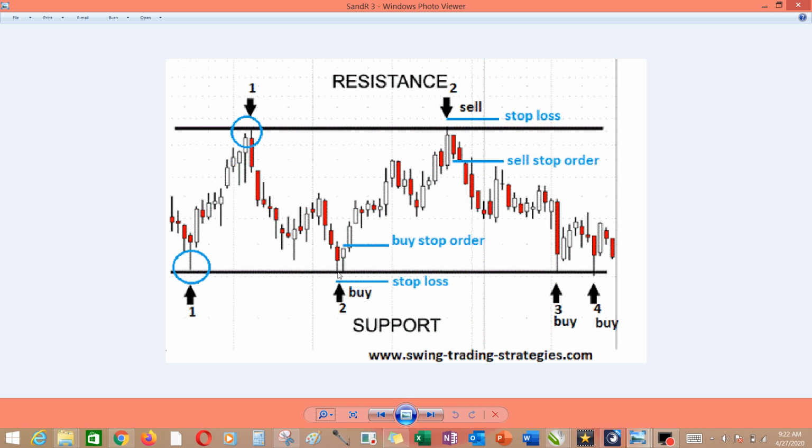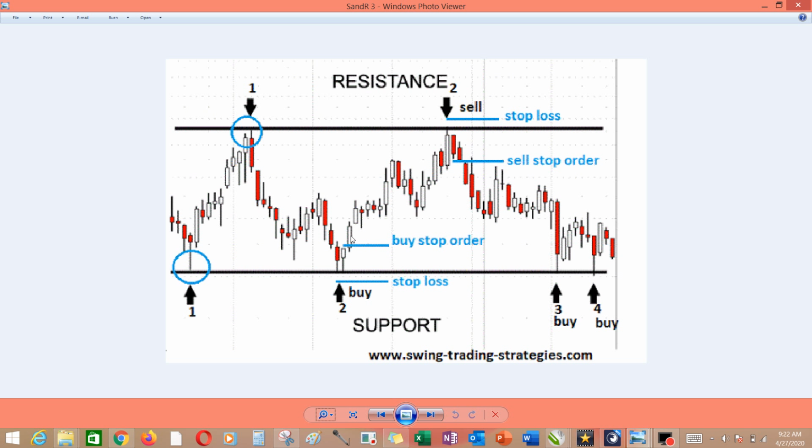You can see it got to a support level. Because it has gotten to the support level and it is reversing, does that mean you should jump in? No, wait for that candle to close. You can see it closing here. Just place your buy stop at the tip here, just after the close of this candle. Once it's closed and it gets to this level, it will pick it up.